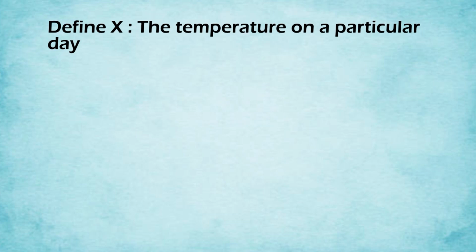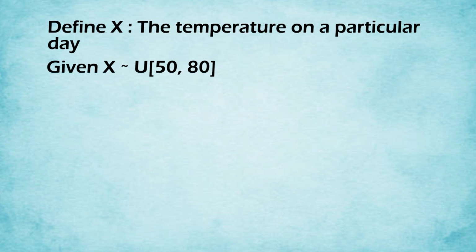The temperature on a particular day is uniformly distributed between 50 and 80 degrees Fahrenheit. What is the mean temperature of the day? For a given problem, define x as the temperature on a particular day.